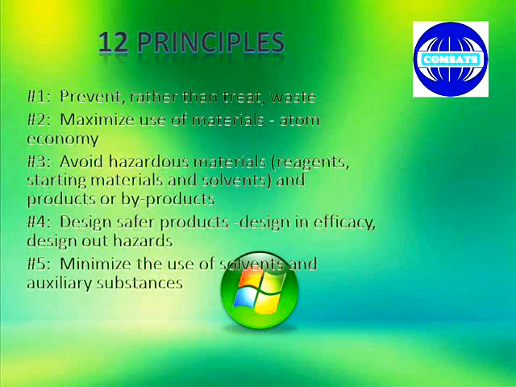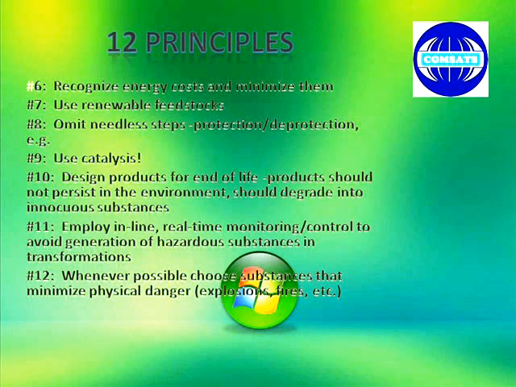The fourth principle is chemical products should be designed to preserve efficiency of function while reducing toxicity. The fifth principle is the use of auxiliary substances, for example solvents, separation agents, etc. should be made unnecessary whenever possible and innocuous when used.